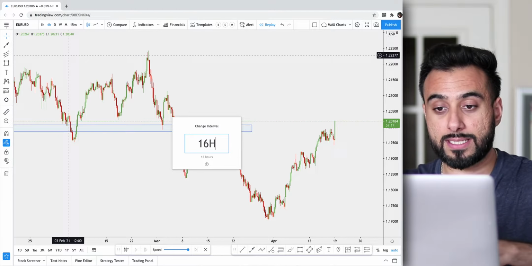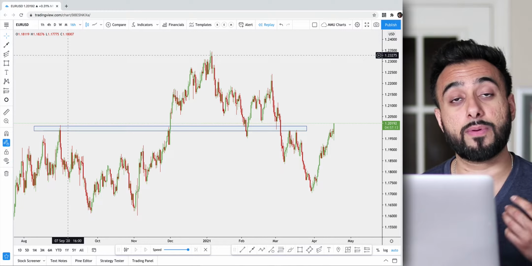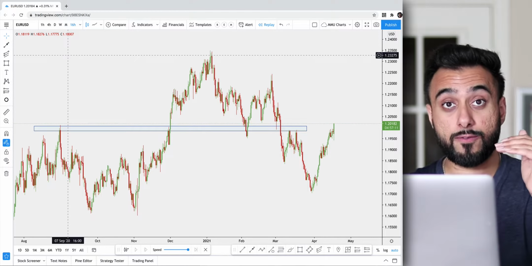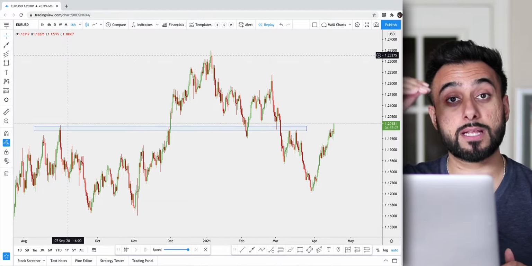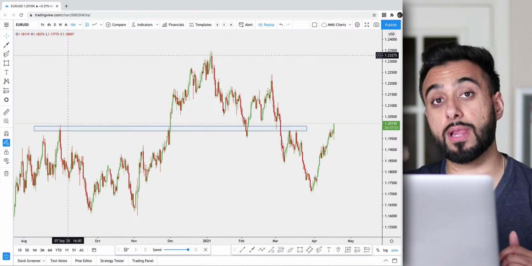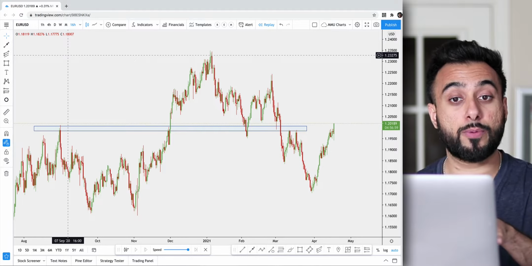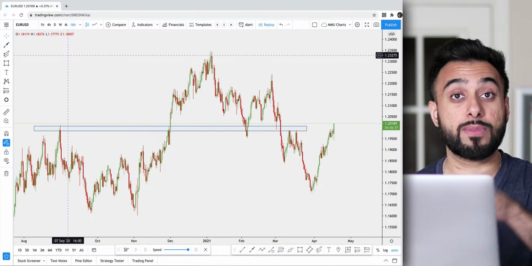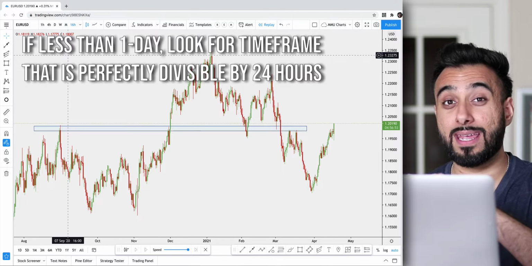You can do a 16-hour time frame, but traders generally don't use these time frames because, pay attention to this, if you're looking at a time frame that's a daily time frame or less, you want to be looking for time frames that divide into a day perfectly, that divide into a day evenly.